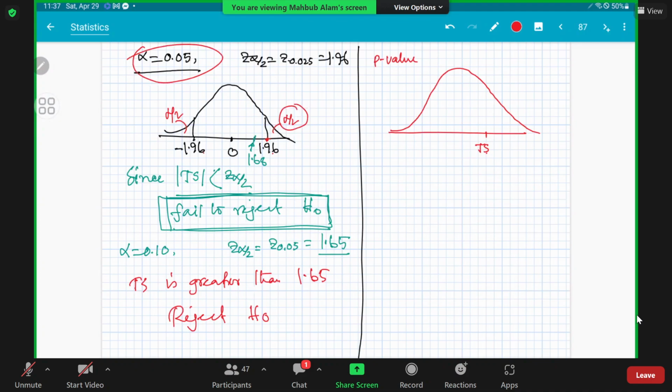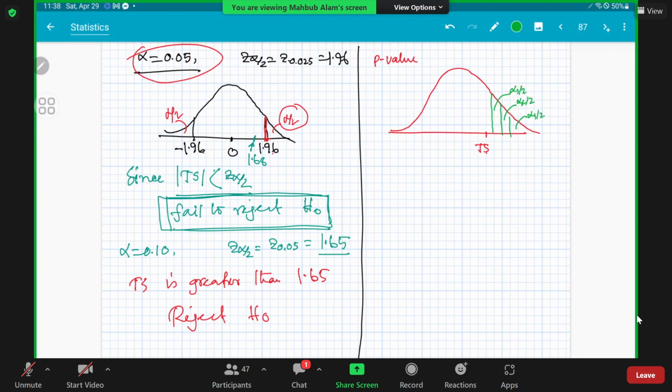As long as this region is here, let me draw it by green lines. This is one value of alpha, this is one value of alpha, this is one value of alpha. For all these 3 values of alpha, let's say this is alpha 1 by 2, alpha 2 by 2, alpha 3 by 2.